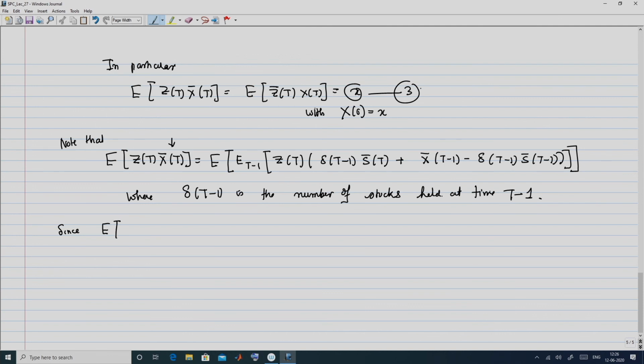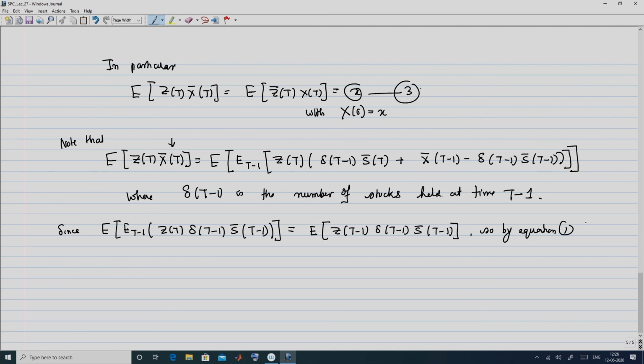Now, since the expected value of E of t minus 1 of z of t delta of t minus 1 s bar of t minus 1 is equal to the expected value of z of t minus 1 delta of t minus 1 into s bar of t minus 1, so by equation 1, and if 2 holds, we get expected value of z of t into x bar of t is going to be z of t minus 1 into x bar of t minus 1.